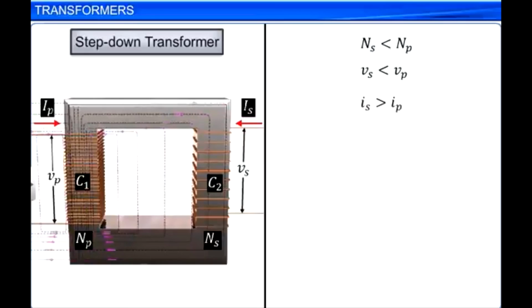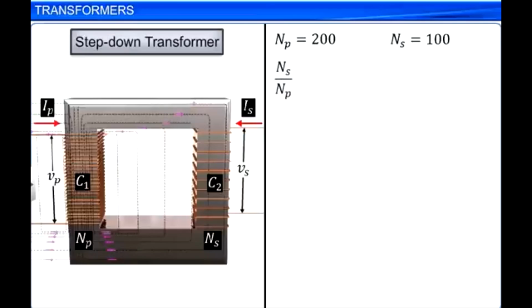For example, if the primary coil of a transformer has 200 turns and the secondary has 100 turns, NS/NP is equal to half and NP/NS is equal to 2.